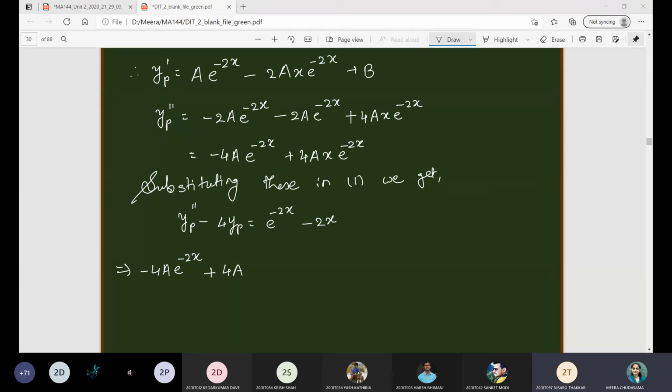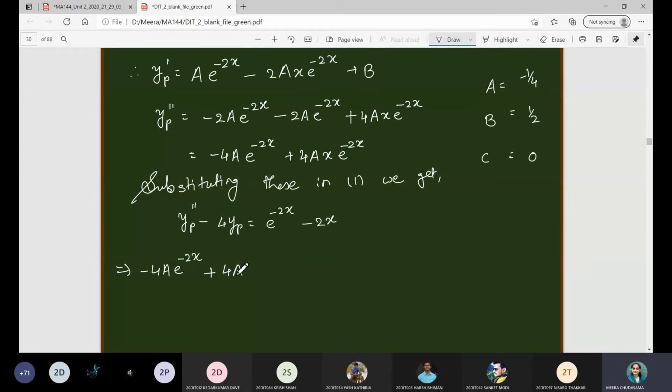Yes, ma'am. What are the values you are getting? A equals to minus 1 by 4. Okay, B equals to 1 by 2. Very good. And C equals to 0. Yes, these are the correct values. Go ahead. So you can write down the general solution and then you can implement the initial conditions.